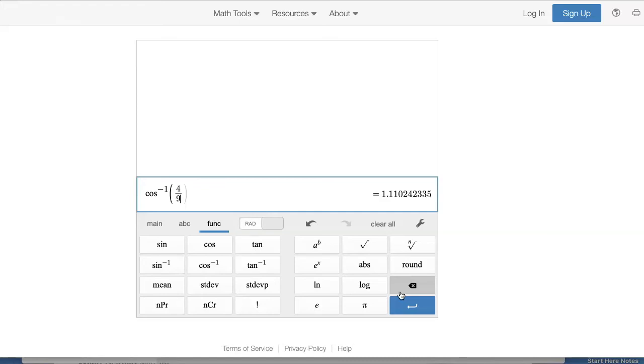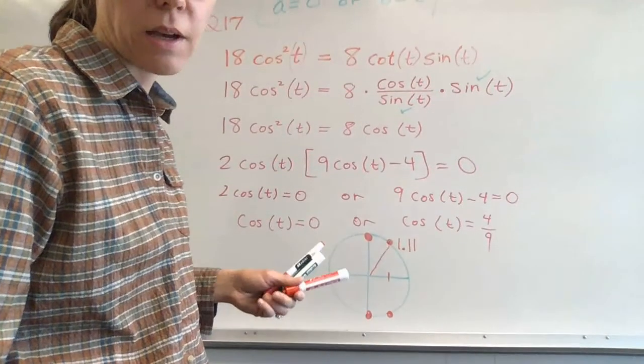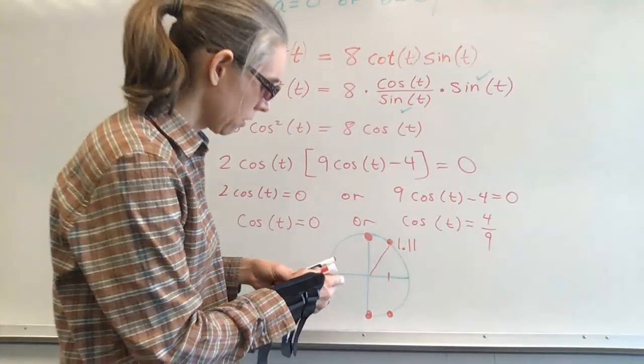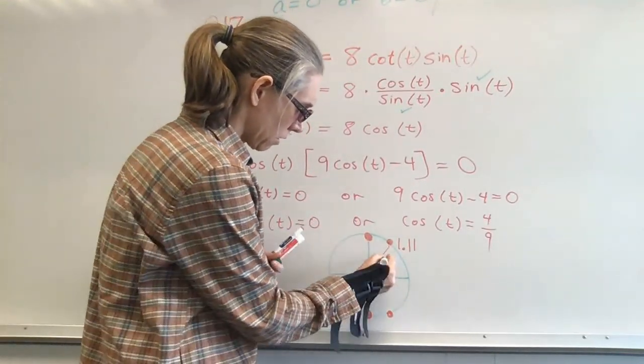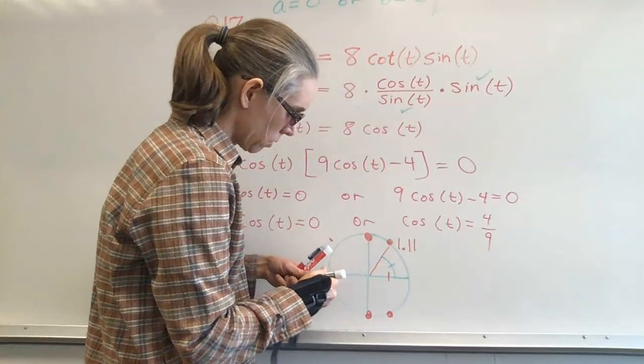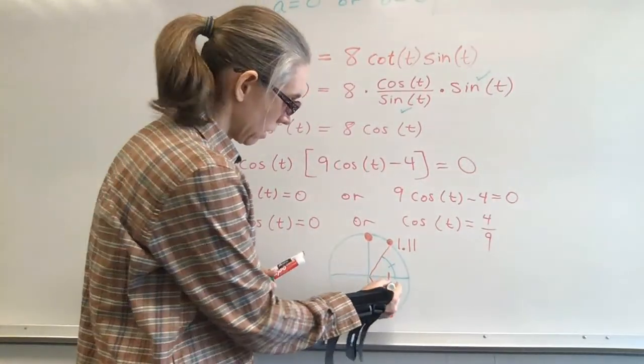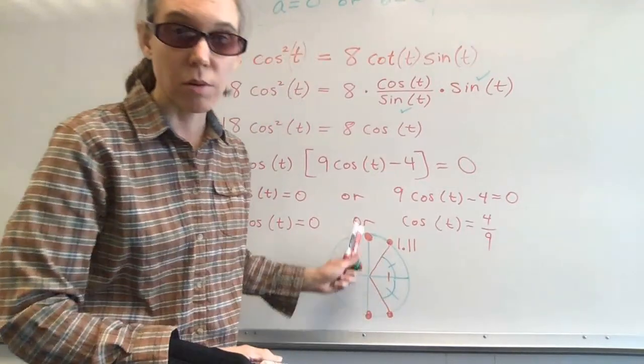We only need to go out at least 2 decimal places, and this 0 afterwards makes it really nice just to stop there. Okay, so now let's go back over here. This is 1.11. Then the other value down here, remember that this angle right here is going to have to be congruent to this other angle down here. These are 2 congruent angles.